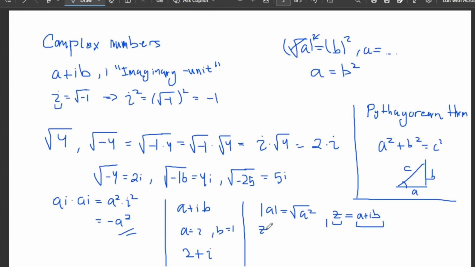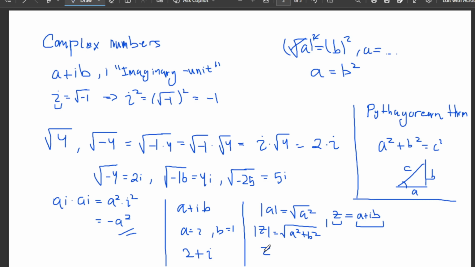So Z is a complex number, right? If we take the modulus of Z, it's basically the same thing as the square root of a squared plus b squared. That's just our c. There are a lot of applications for this. And again, there's something called the conjugate.